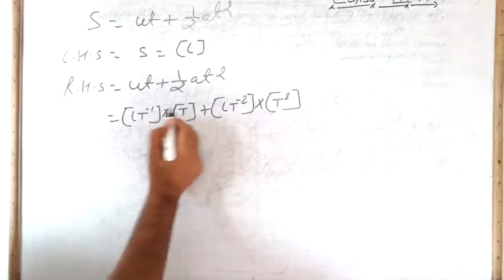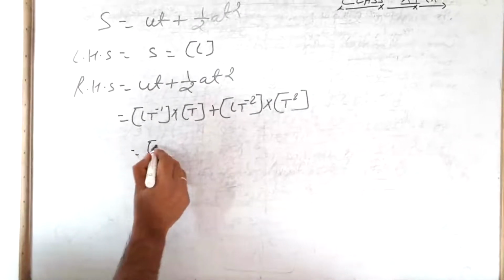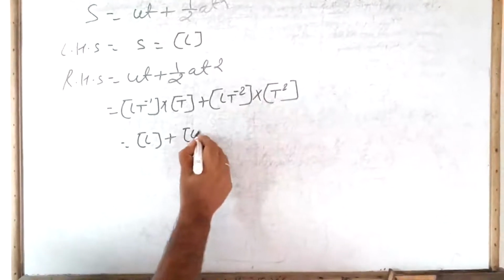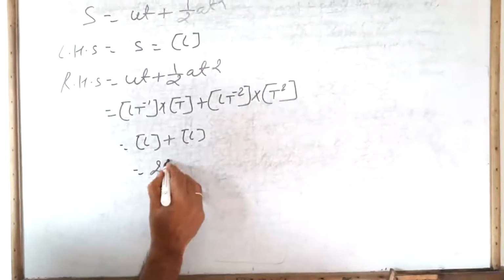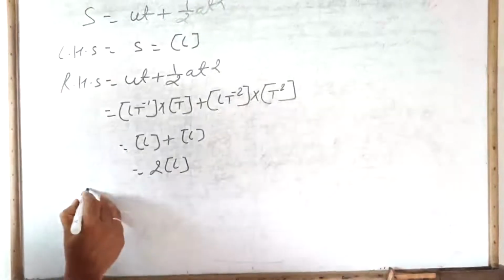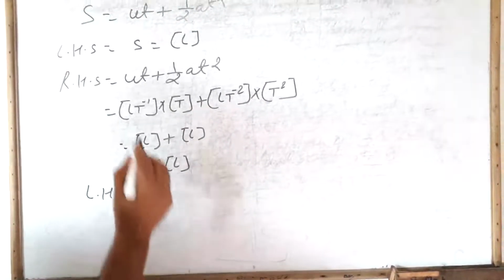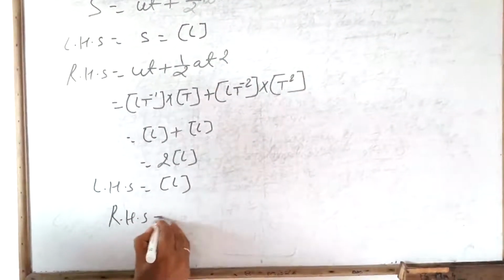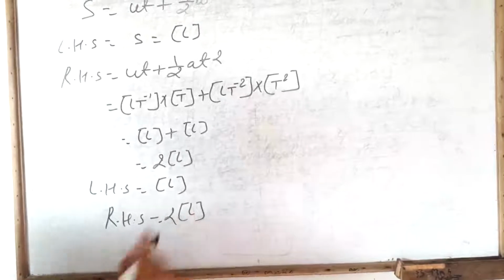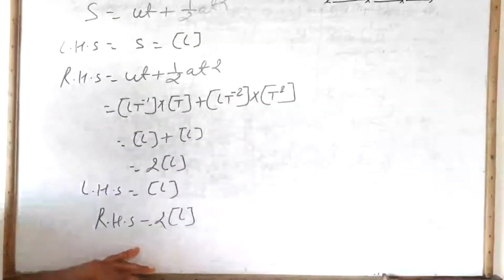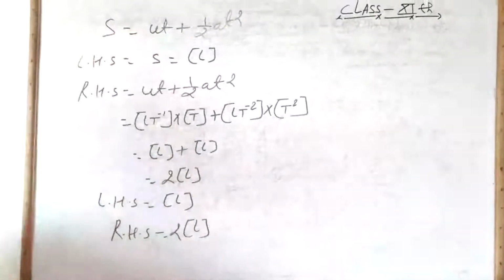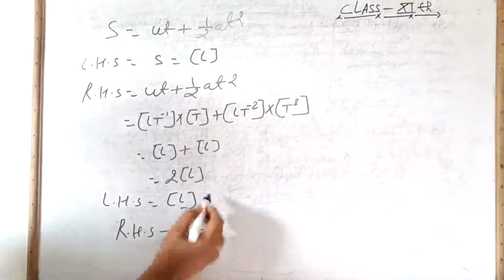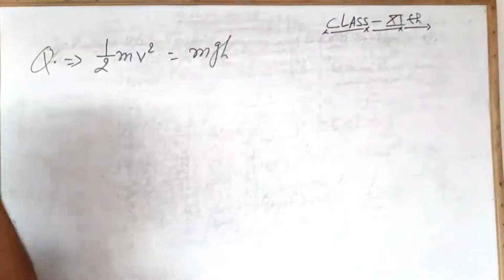T to the power plus 1 and minus 1 cancel, leaving L. So students, you have observed that LHS equals L and RHS equals twice L. Both sides' dimension formulas are the same, so you can say this formula is correct. 2 is dimensionless.